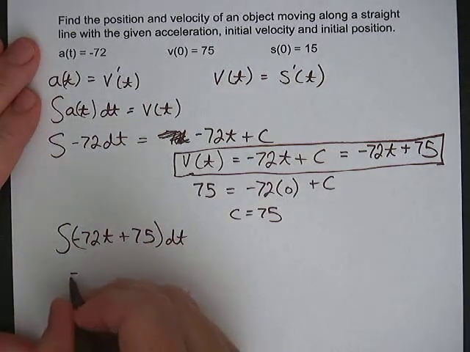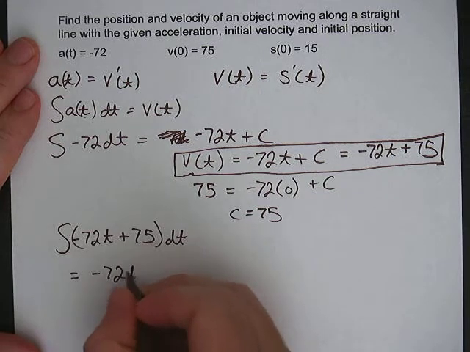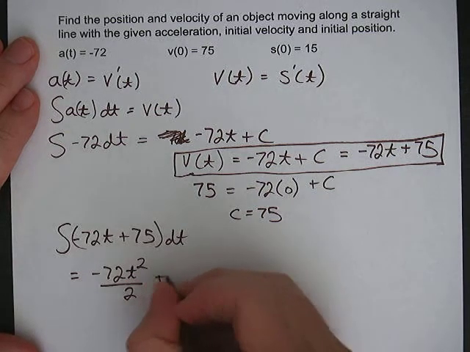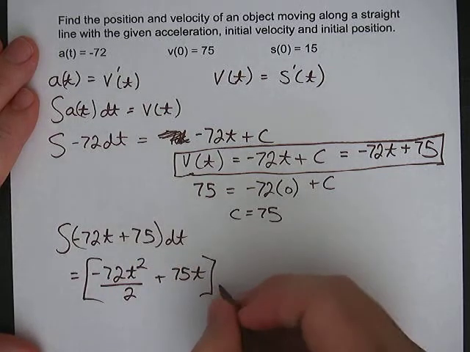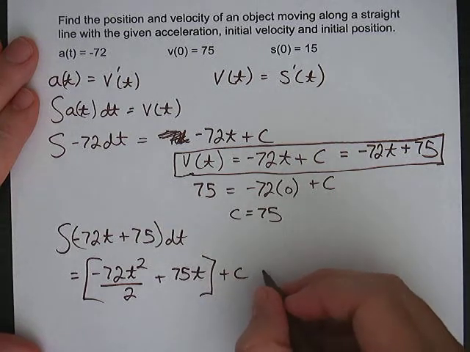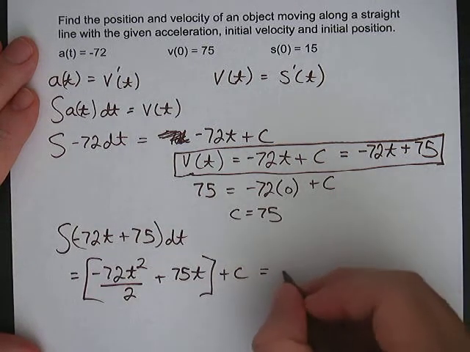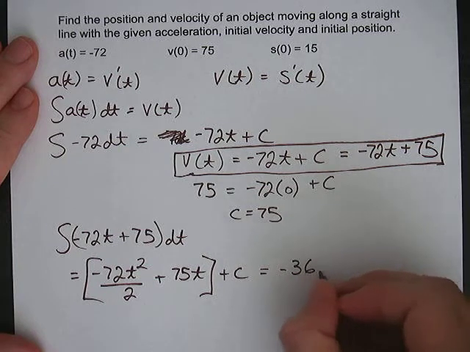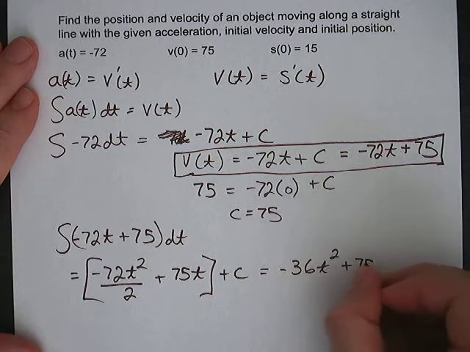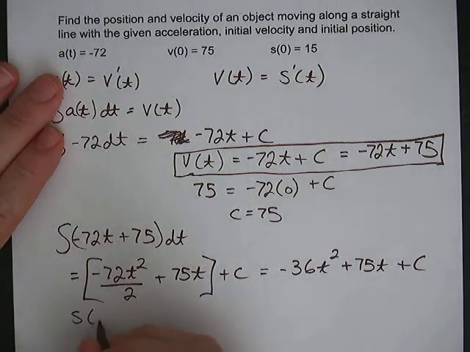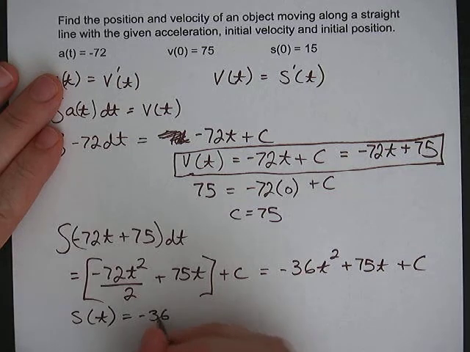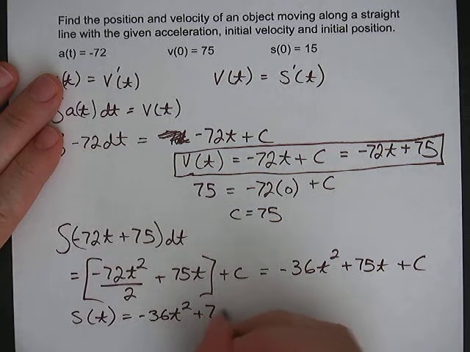That's going to be equal to negative 72t squared over 2 plus 75t plus c. We can reduce this to negative 36t squared plus 75t plus c. That's our position function. S of t is equal to negative 36t squared plus 75t plus c.